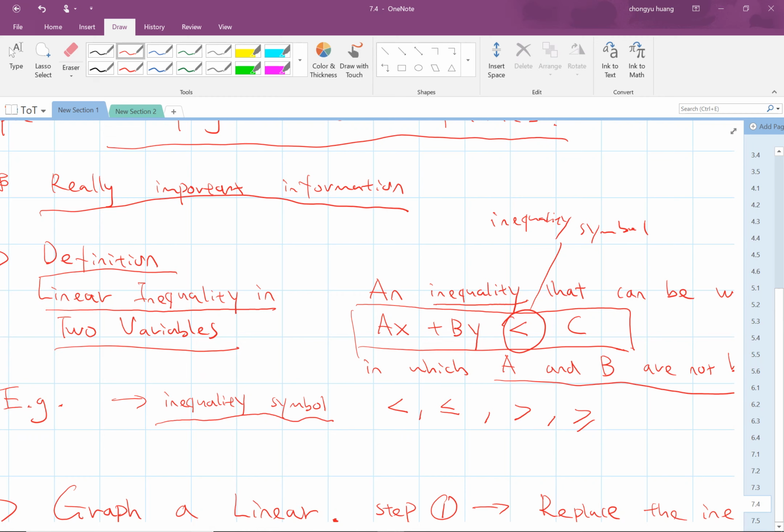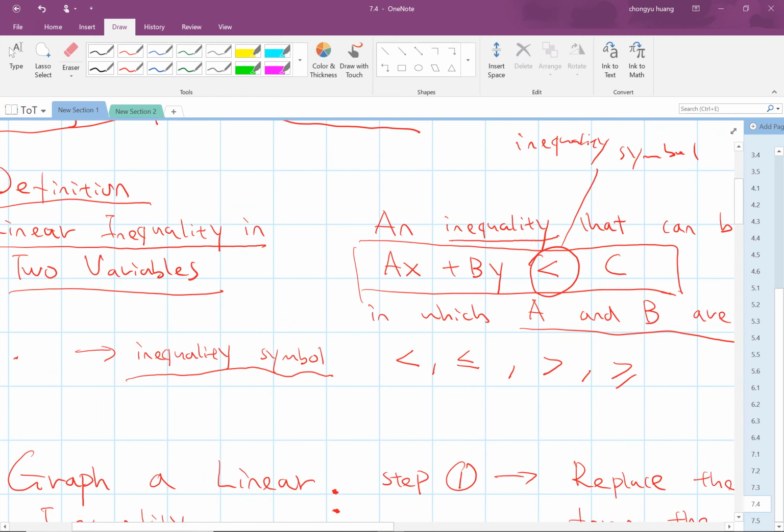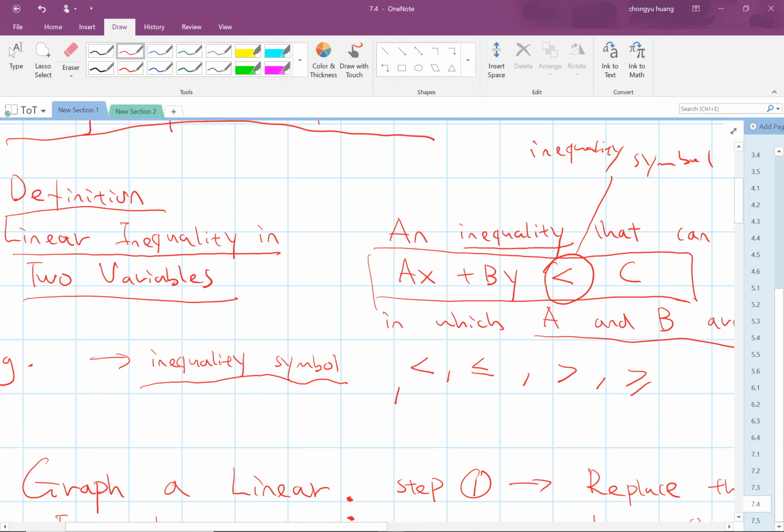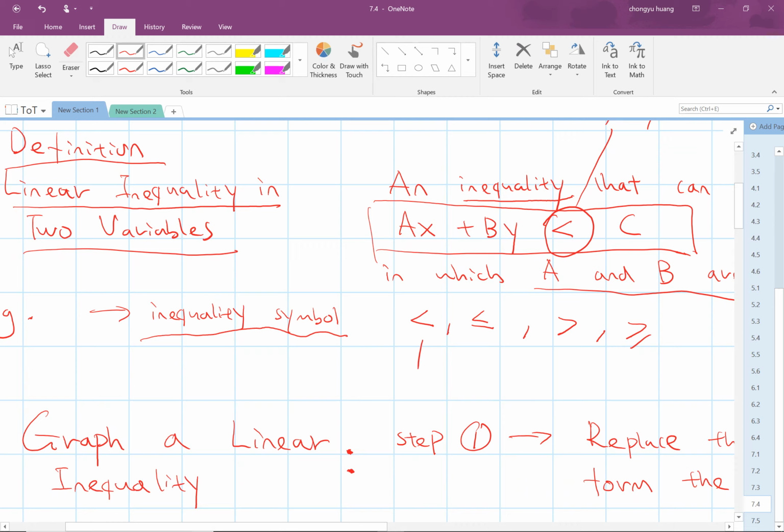Here let me write down the meaning of those symbols. This one represents less than. This one represents less than or equal to, and this one represents bigger than.